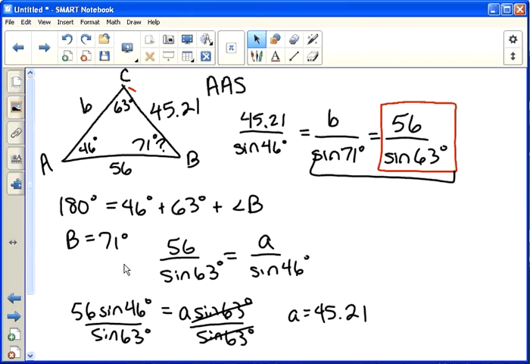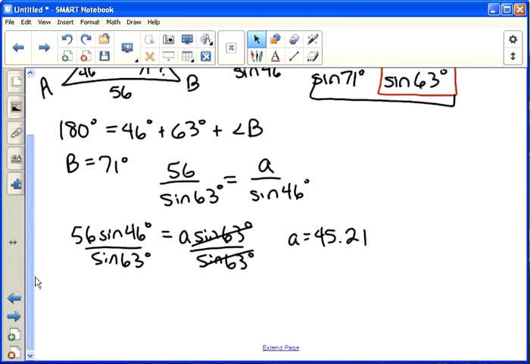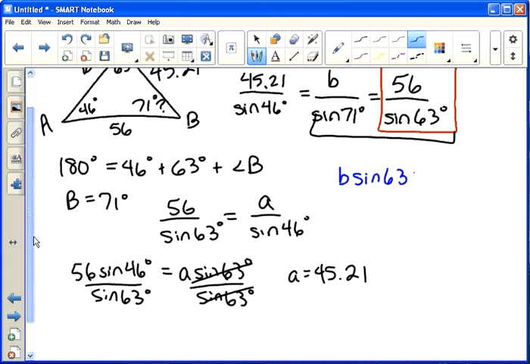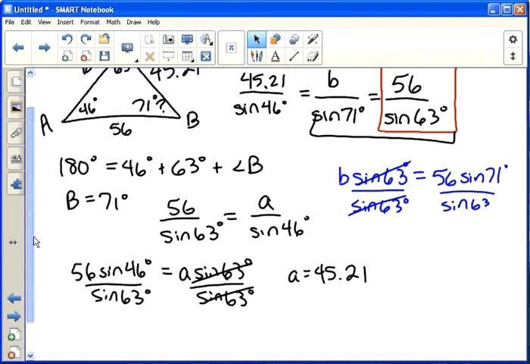So we set up that equation. Excuse me. We'll go ahead and cross multiply. So we get B times sine of 63 equals 56 times sine of 71. Then to get B by itself, we divide both sides by sine of 63 degrees. So now we know B equals 56 times sine of 71 divided by sine of 63.